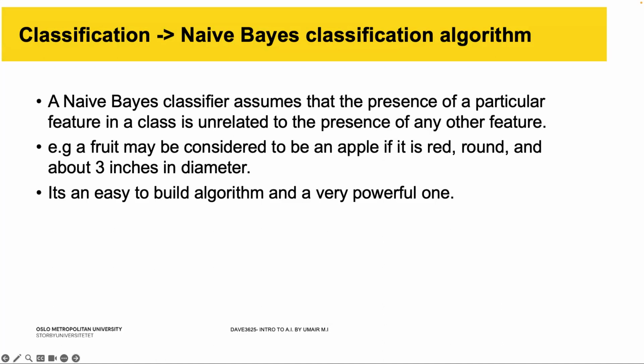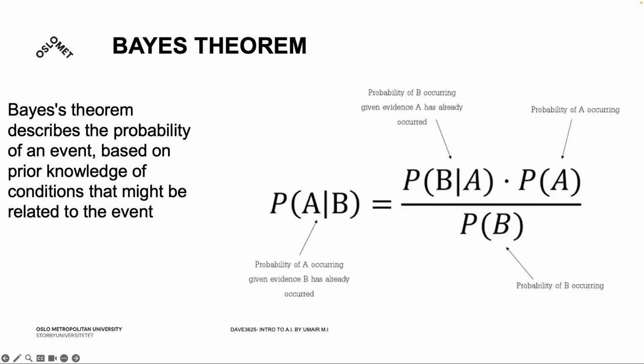That's the problem. I wanted to show you one image, which is a pretty cool image. Before I show you that image, this is the formula which this algorithm uses.